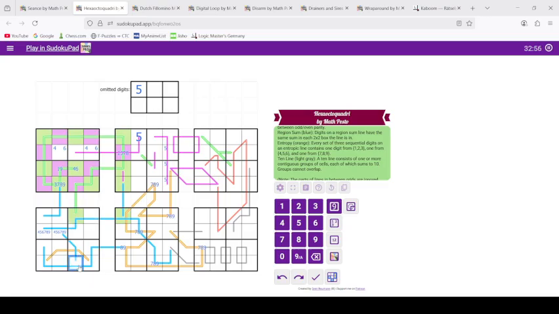If this were not a 1, 2, 3, if it were a 4, 5, 6, then both of these would be 1, 2, 3. And this would have to be 4, 5, with that being 9.